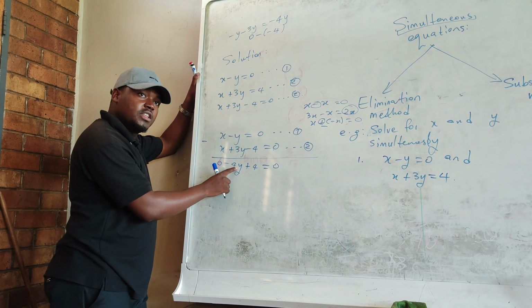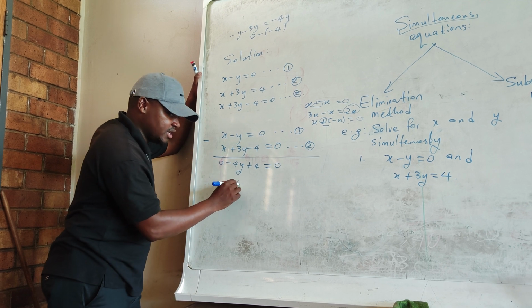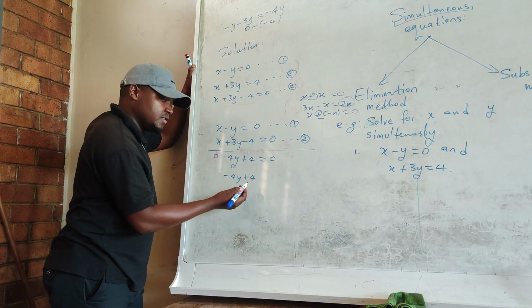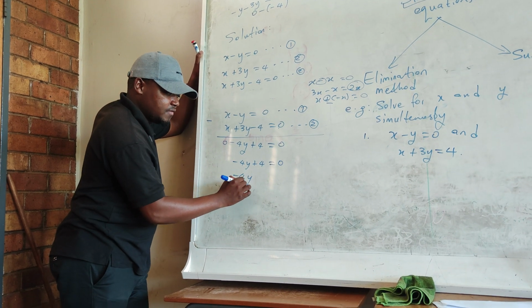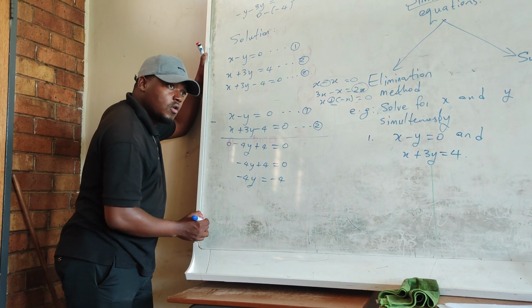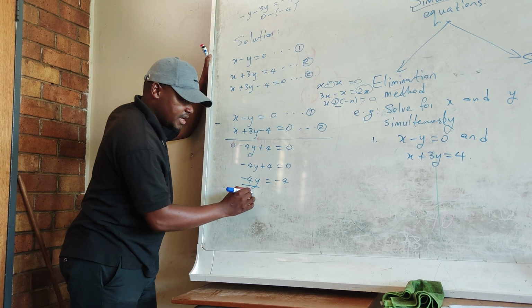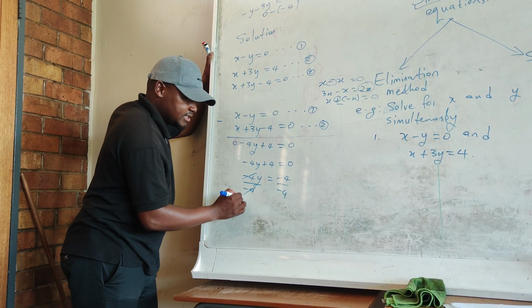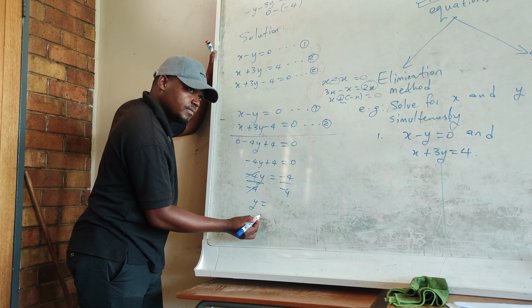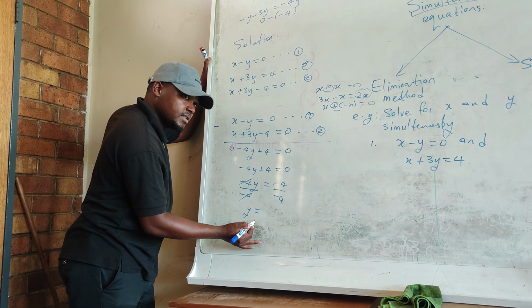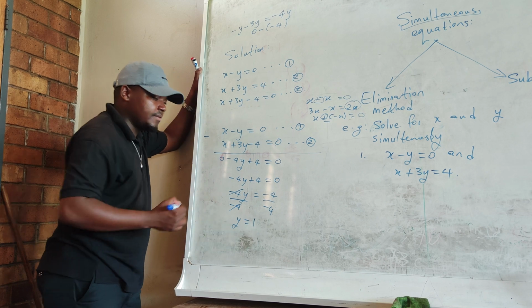I'm left with only y, which is unknown. So negative 4y plus 4 equals 0. Negative 4y equals negative 4. I divide both sides by negative 4. It cancels, and I'm left with y equals 1.